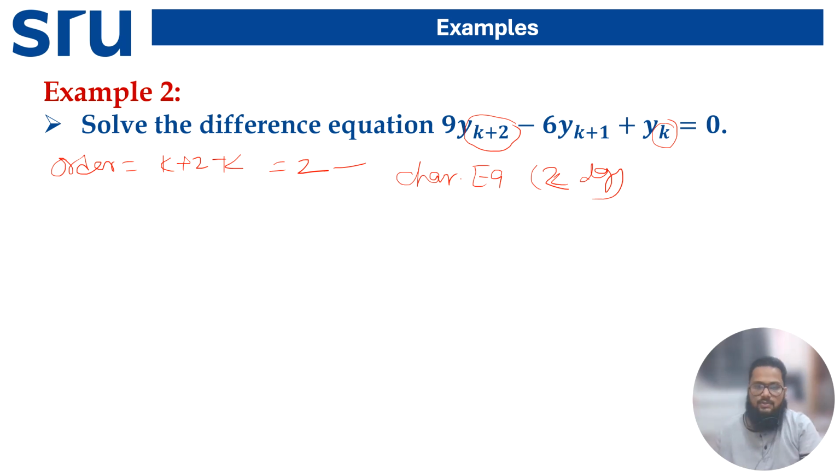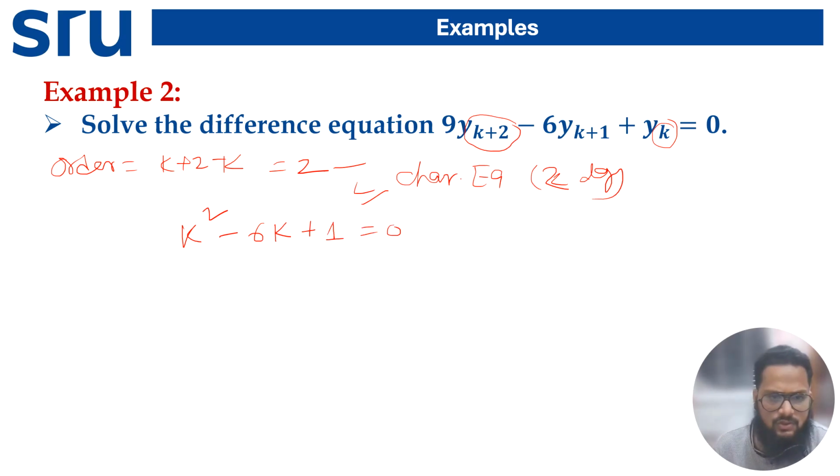So if we write the characteristic equation, in terms of k only, it will be k square, because second degree, minus the coefficient 6, then k, plus the coefficient 1, equal to 0.